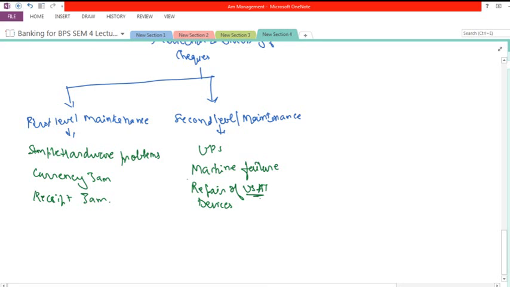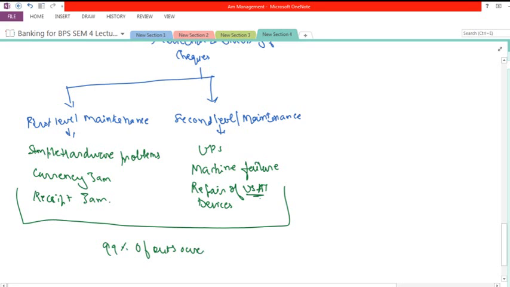Second level maintenance and first level maintenance services together occupy about 99% of the firms or the banks outsourcing demand. They constitute 99% of outsourcing demands.